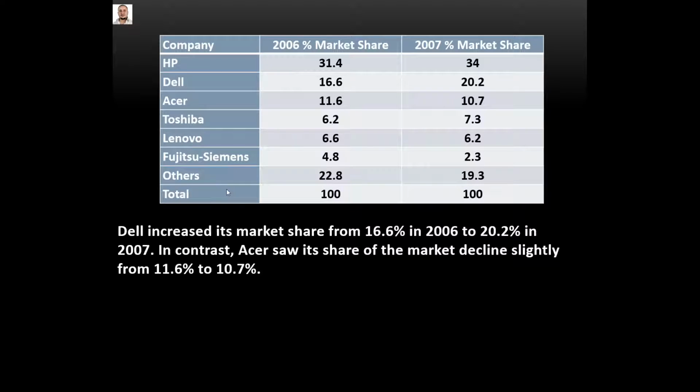In contrast, Acer saw its share of the market decline slightly from 11.6% to 10.7%. We made a contrast, which is also a comparison here between Dell and Acer.